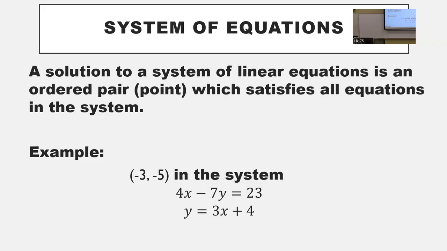If I have four equations, then it's a point that I can plug into all four of them and make all four of them true. If I have two variables, it's an ordered pair. If I had three variables, it'd be an ordered triple. There'd be three, one value for each of the variables. And if I had four variables, it'd be an ordered quadruple.